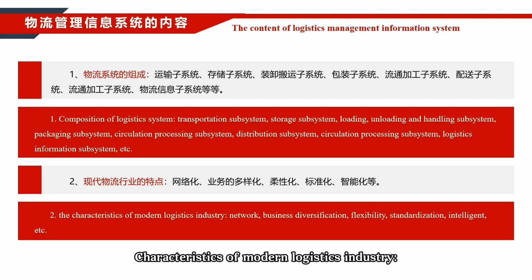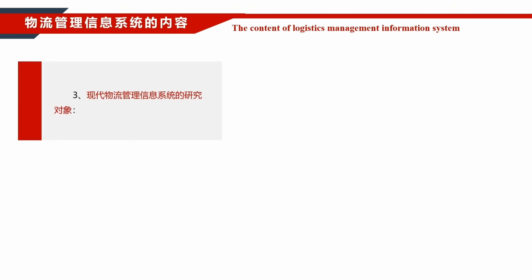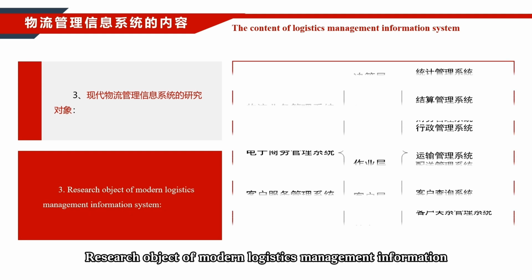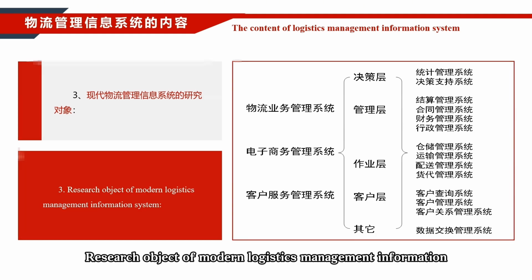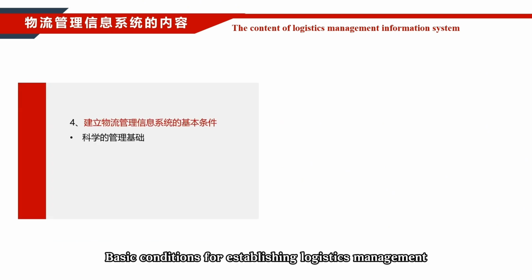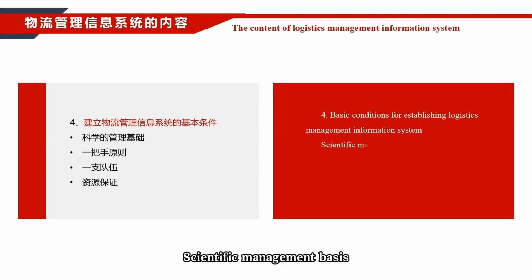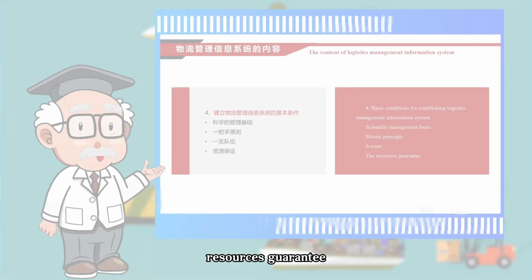Characteristics of modern logistics industry: network, business diversification, flexibility, standardization, intelligence, etc. 3. Research object of modern logistics management information system. 4. Basic conditions for establishing logistics management information system: scientific management basis, master principle, a team, resources guarantee.